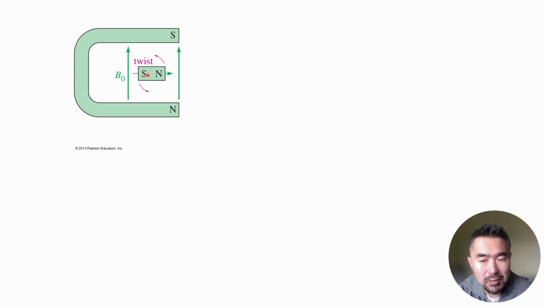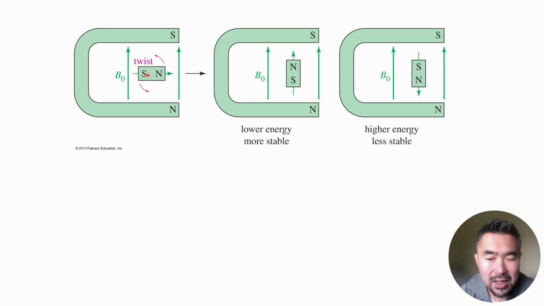The spin direction of each proton in each atom is going to be in a random direction, because they're not told to line up in any direction. But once you apply this really strong external magnetic field, they will twist to line up with the external magnetic field direction.